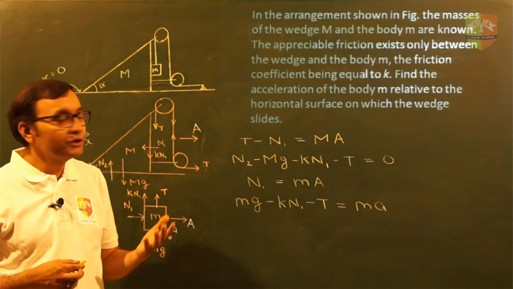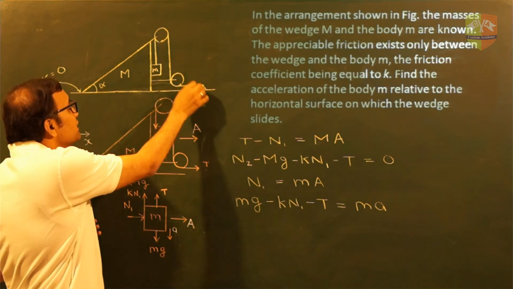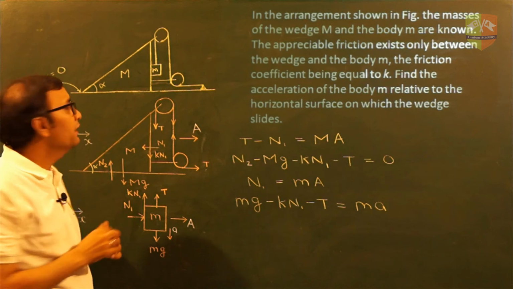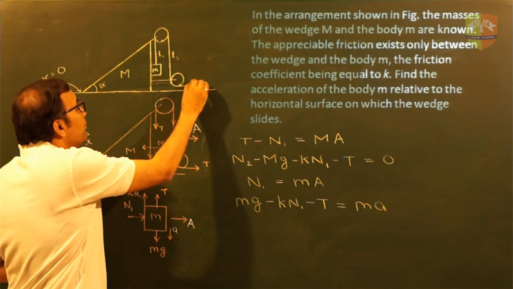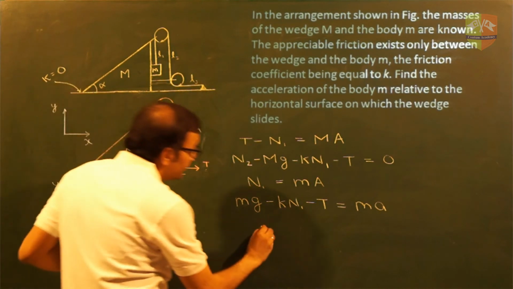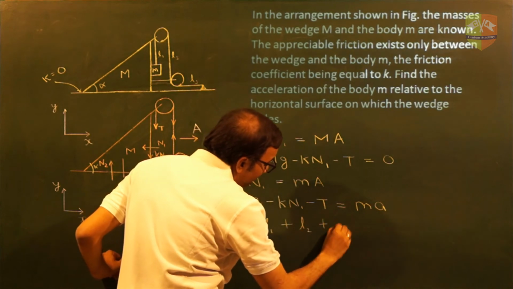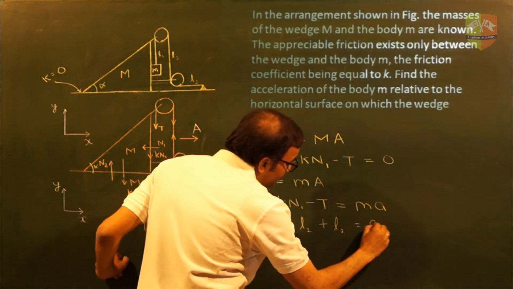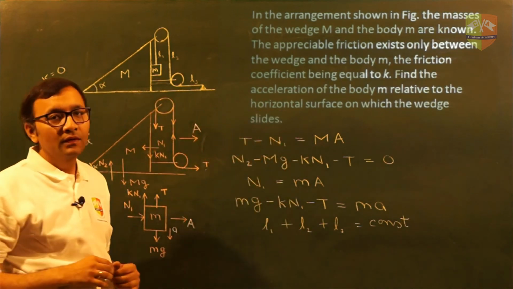You can see that the length of the string is fixed, right? If this is L1, this is L2 and this is L3, I can say that L1 plus L2 plus L3 is a constant, right?